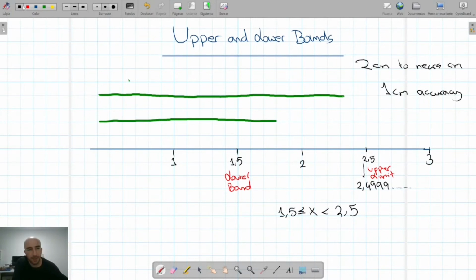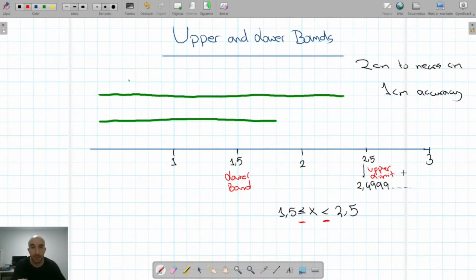So it is very important to realize that the lower bound is included in our inequality, but the upper bound is not, because it's really 2.4999999, but we don't write that. Upper and lower bounds give us limits to where our real measurement would be, and they have to be provided because our instruments are not perfect and they have an accuracy.